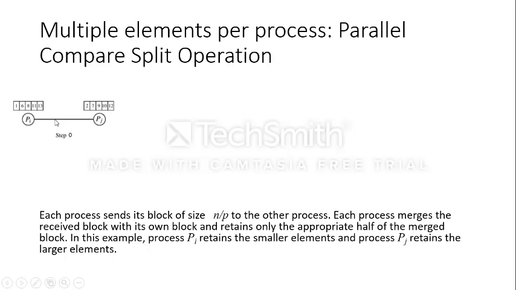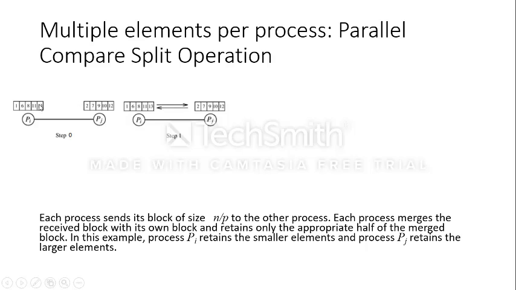In the next step, the process Pi will send its contents, the values, to the process Pj, while the process Pj will send its contents to the process Pi. In this way, these five values will be transferred to the process Pj, while these five values are transferred to the process Pi.